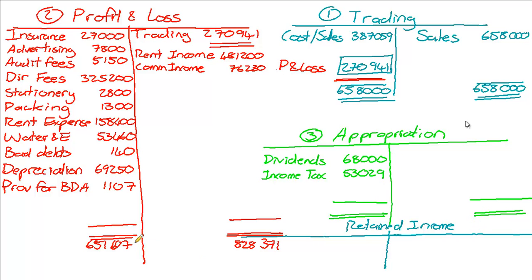Right, so we can clearly see that the credit side is bigger than the debit side. So we fill in the bigger amount in the total lines. 828,371.